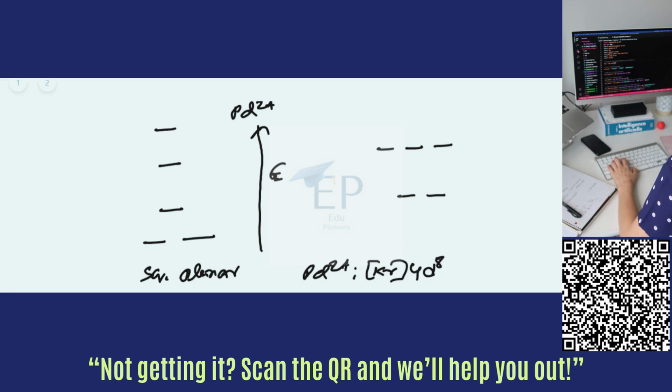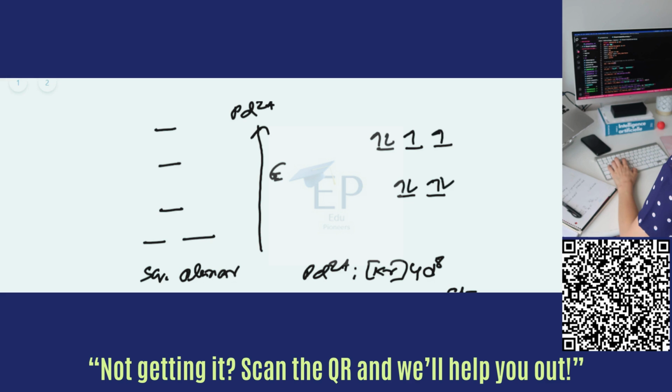So in case of the tetrahedral splitting, since the ligand here is chloride, a weak field ligand, the energy gap will be low and electrons will occupy both lower and higher energy level orbitals. 5, 6, 7, 8.